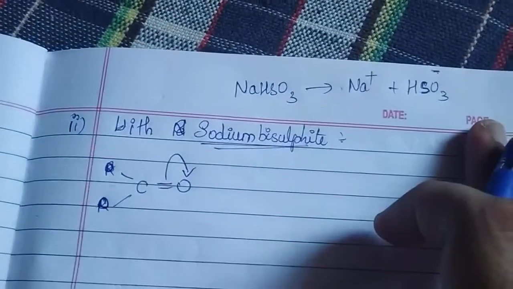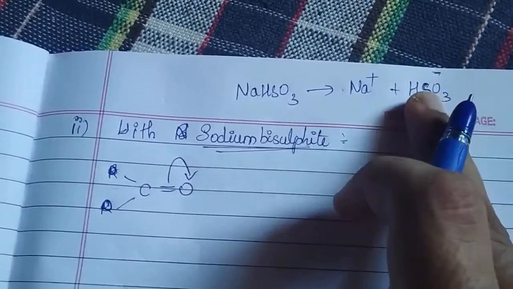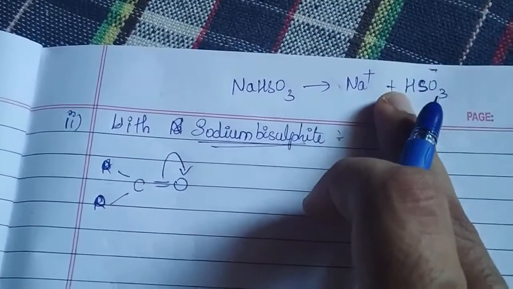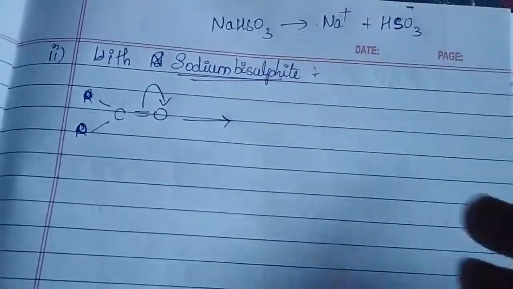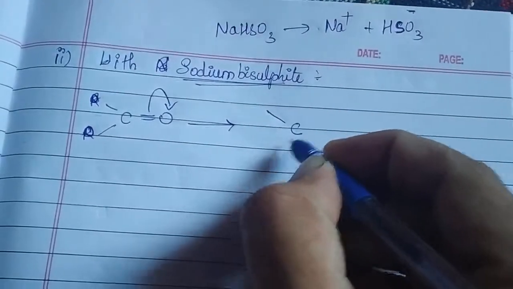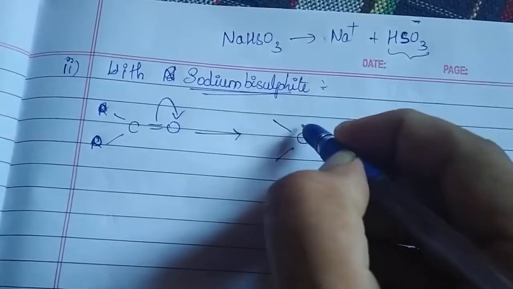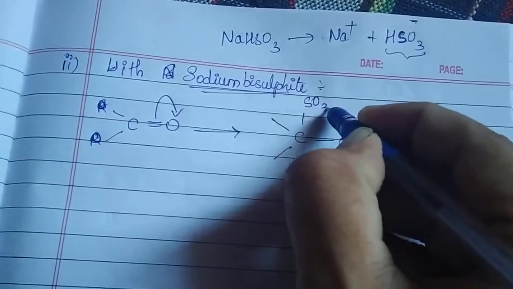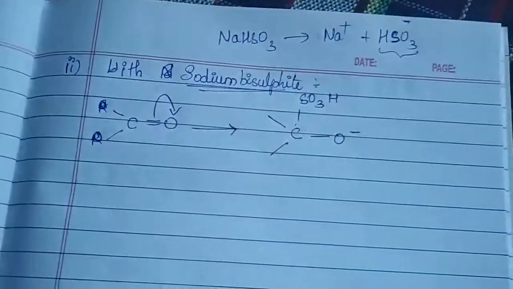Why am I saying this? Because when you are forming a bond with your carbonyl carbon, it should be bonded with sulfur, not either with a hydrogen or oxygen. Very much important. These are the common mistakes we make. So now you will be having C, and O minus. Now this is your nucleophile, where you will be having SO3 H. Getting my point? Very much important.